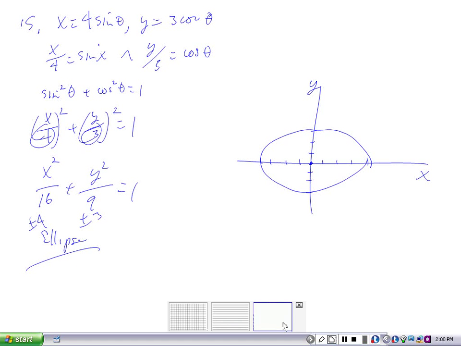Number 16. Convert the rectangular equation that we're given to polar form. This is 2y minus 3x equal to 2. Well, y is equal in polar form as r sine theta, and x is r cosine theta.